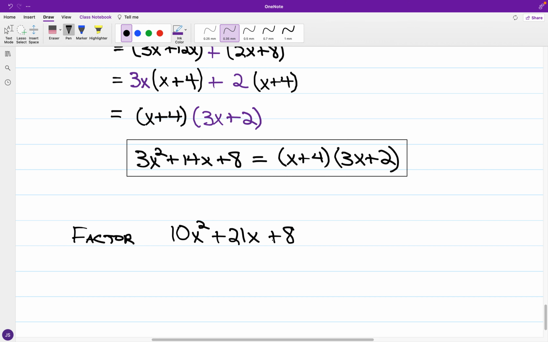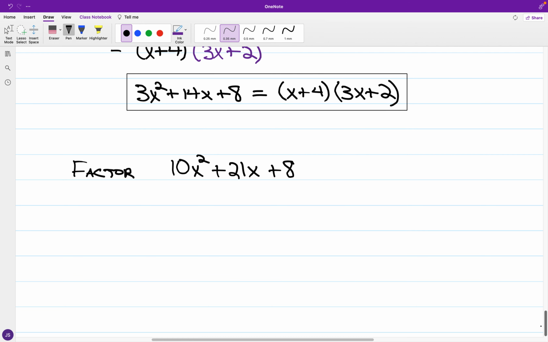For right now I'm just going to leave what we have in terms of adding. We'll hold off for right now on any negative terms that appear.